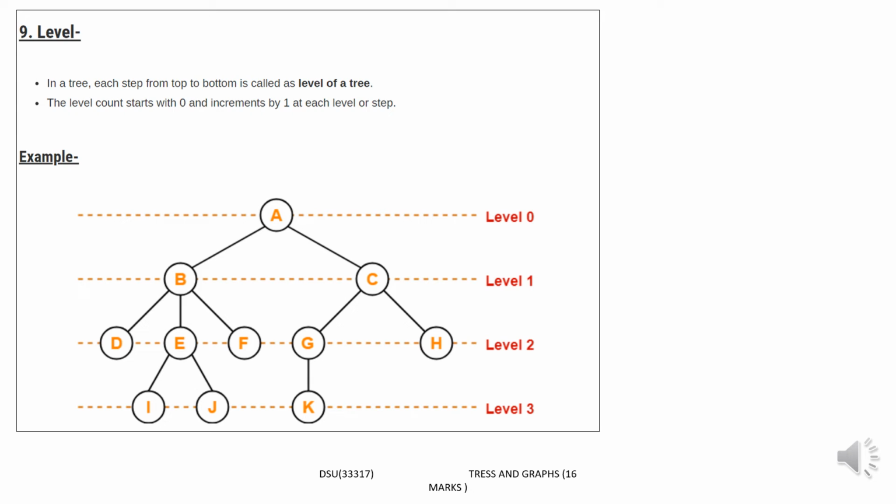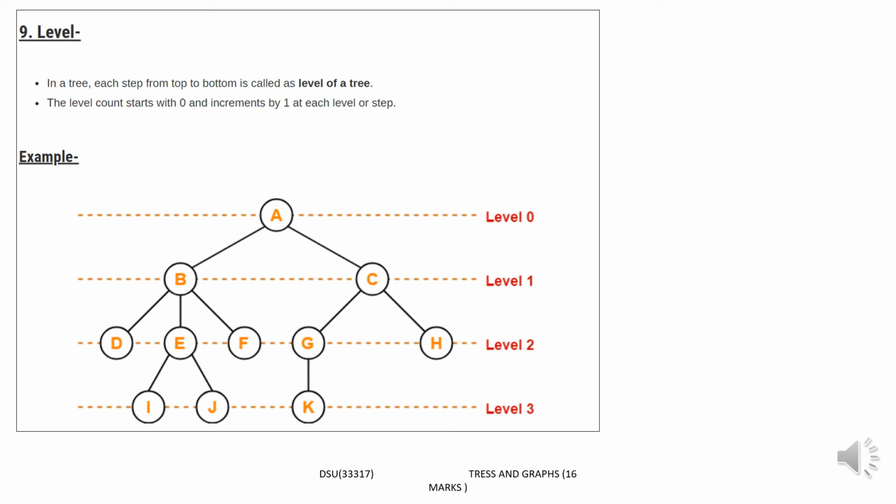So next is a level. In a tree, each step from top to bottom is called a level of a tree. The level count starts with 0 and is incremented by 1 at each level or step. So at the root node, the level is always 0. Then followed by the root node, the next level is 1.